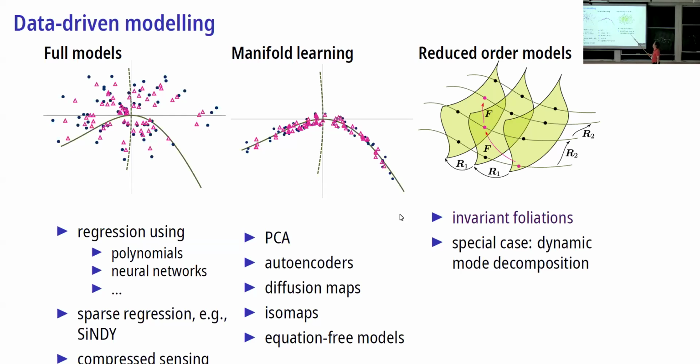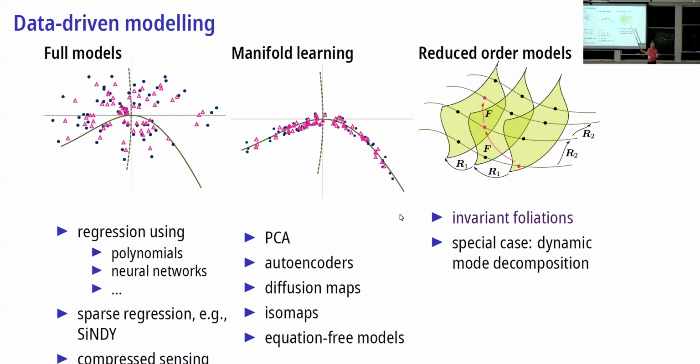But what I really want to focus on are the reduced order models, where there's no such manifold, or if there is a manifold, it is much higher dimensional than the dynamics you want to extract. You can imagine that you have this type of dynamics, and you want to make order in it. So instead of trying to create a map between points, initial conditions, and predictions, you should create a dynamics between sets of points, sets of initial conditions, and sets of predictions, and that's why I have these surfaces.